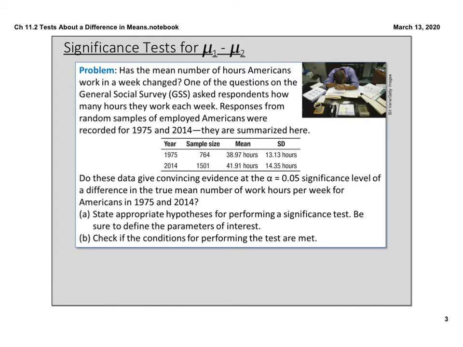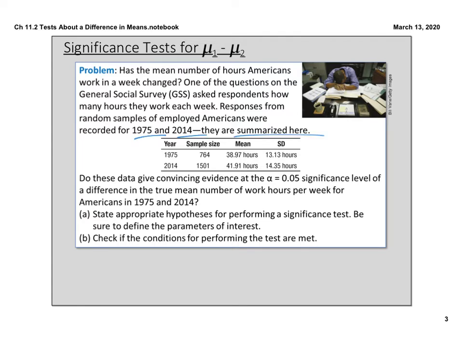So this first example, it says, has the mean number of hours Americans work in a week changed? One of the questions on the general social survey asks respondents how many hours they work each week. Responses from random samples of employed Americans were recorded from 1975 and 2014, and they are summarized here.